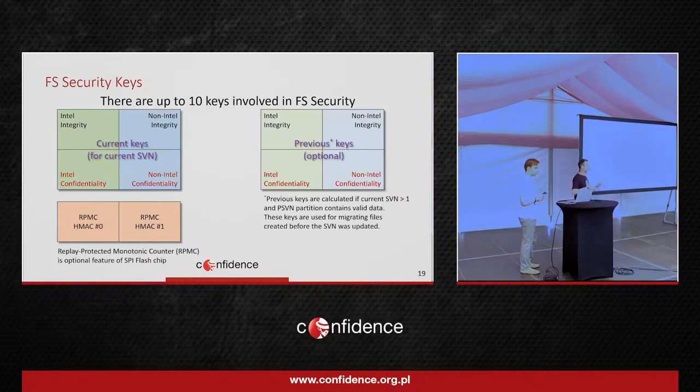So they need to calculate both keys. And inside one version, we have two types of keys: keys for integrity checking and keys for providing secrecy for encryption.